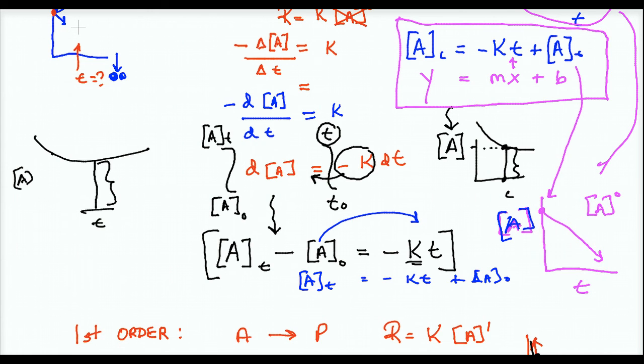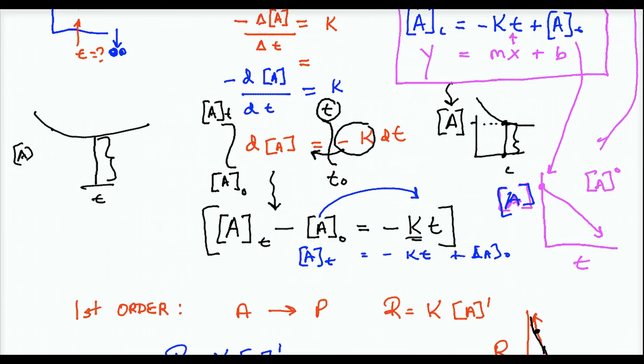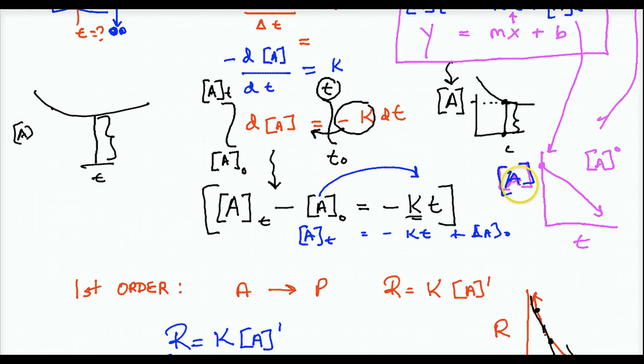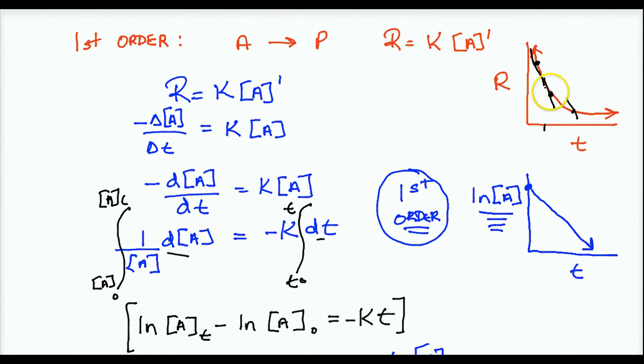Remember, zero order started out looking like this, r equals k, and then the integral is this negative line going downward, using the concentration of A. Well, in first order, we have this curve, which is a very classic half-life curve, and the integral of that rate, the flow of water, gives me how much A at a certain time period. Pretty cool.